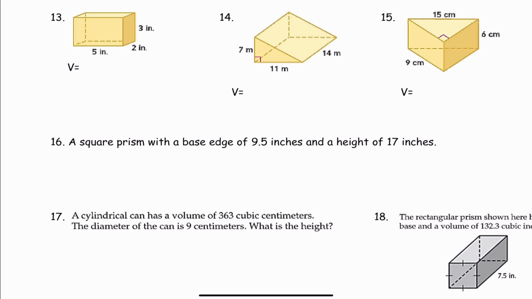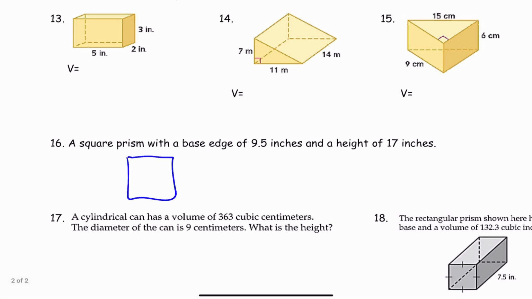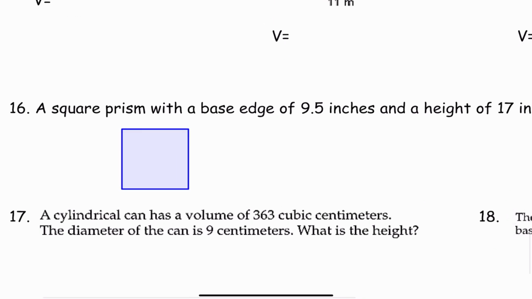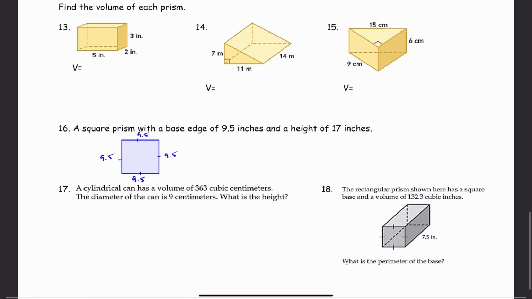When you have a square prism, the base of the figure is just a square. And the base edge is 9.5, so if one side of a square is 9.5, then everything else is going to be 9.5.